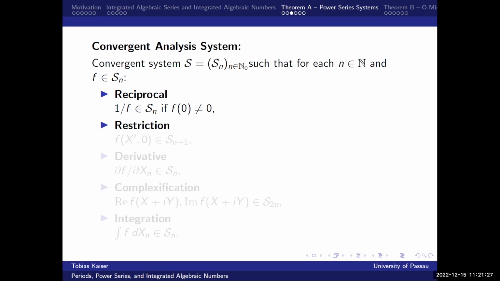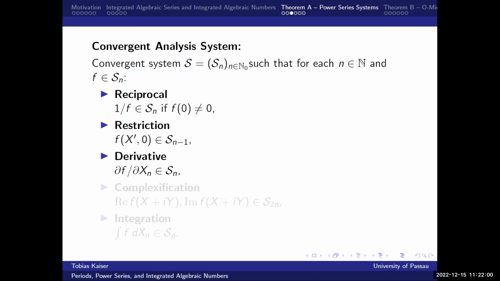Then the next one is also easy: restriction, some of the coordinates we can replace by 0. No problem. Closed under taking derivatives. So we have a convergent power series, and the derivative is again a convergent power series. We need here that the derivative is again in there.